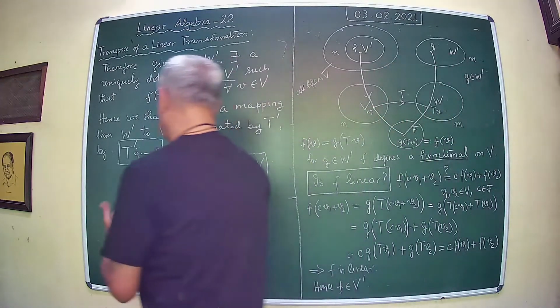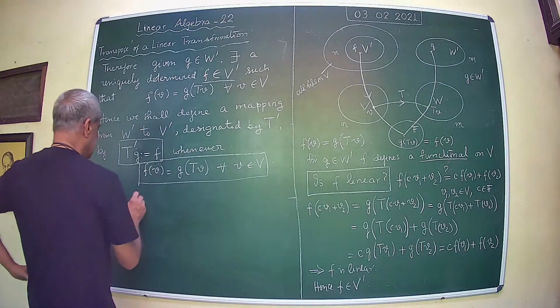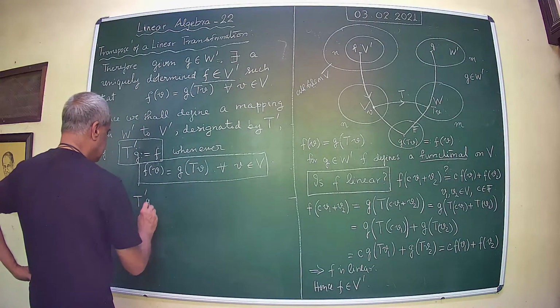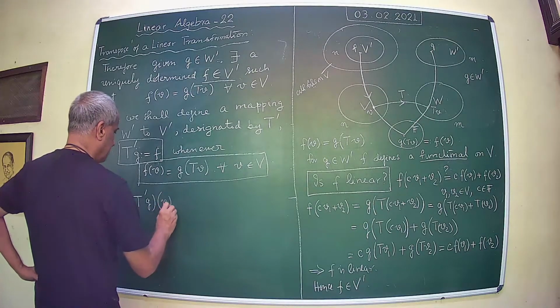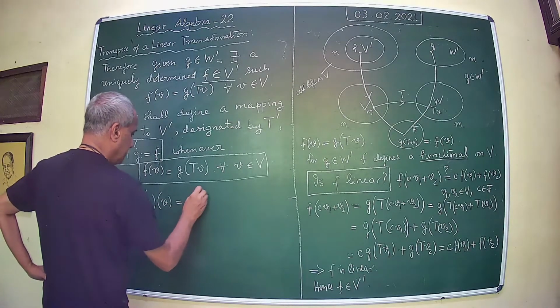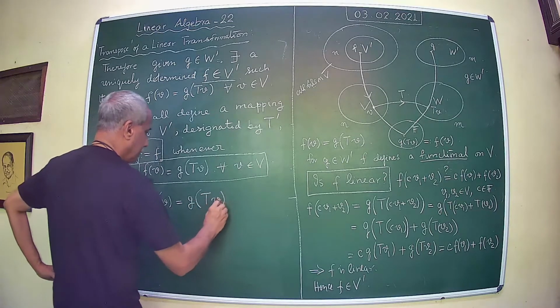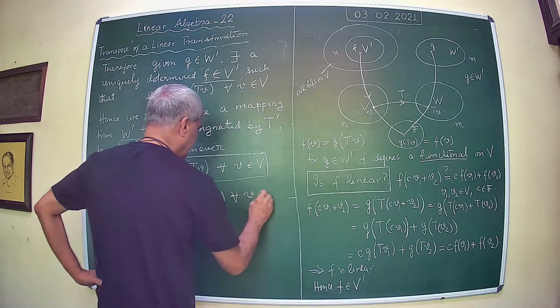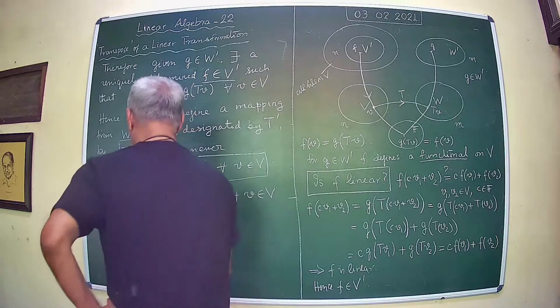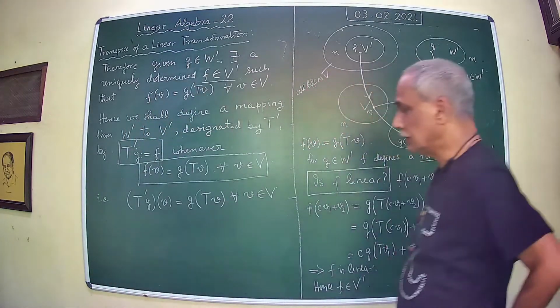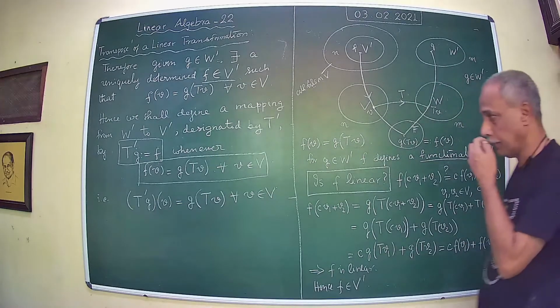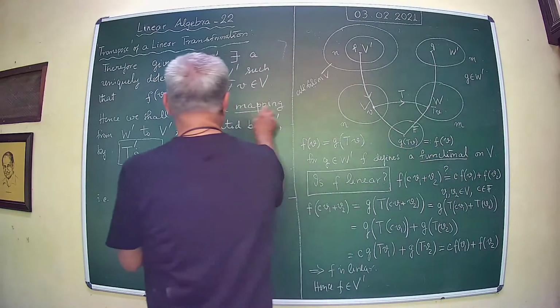Or in other words, I can write this T prime of G, that is how T and T prime are related. But that's just a matter.